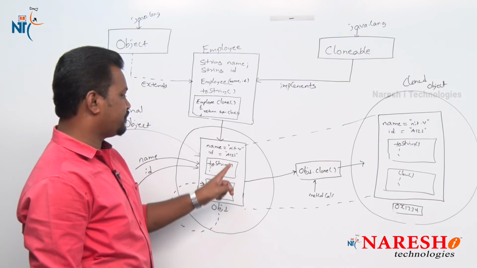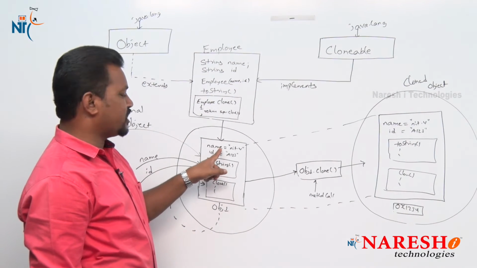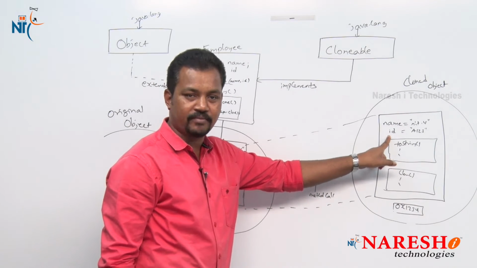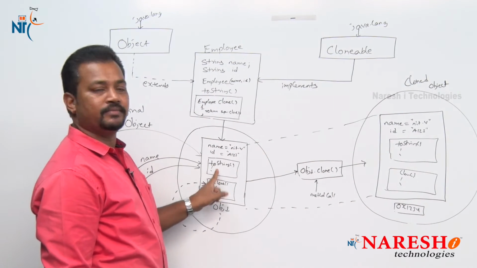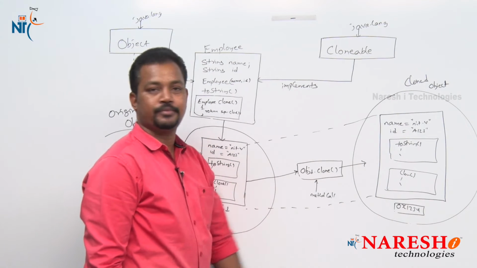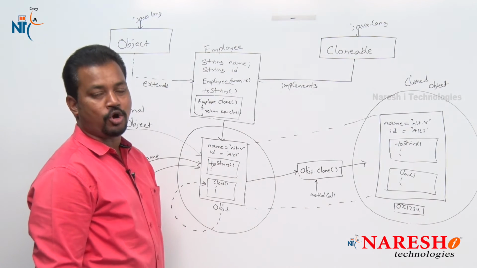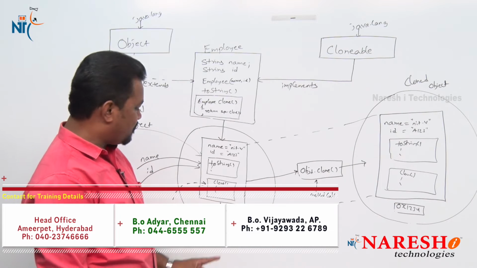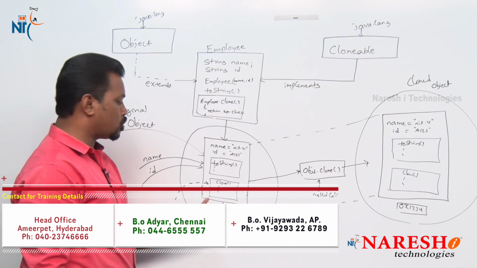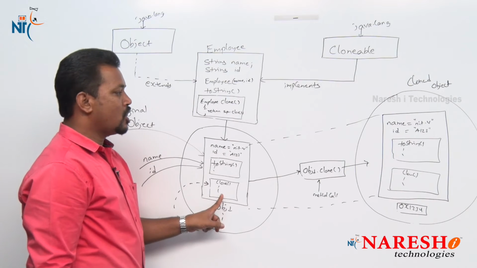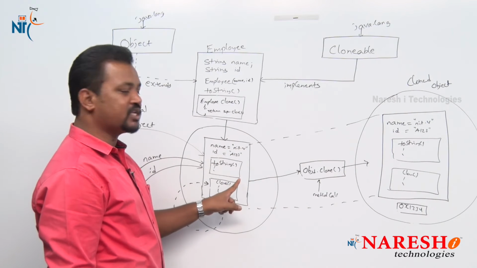If you observe clearly, the instance variables available in the original object have been copied here. The toString method is copied here, even this clone method is copied here. It means one duplicate copy is generated by using obj1.clone. Whenever I call the obj1.clone method, one duplicate copy of this object is created.